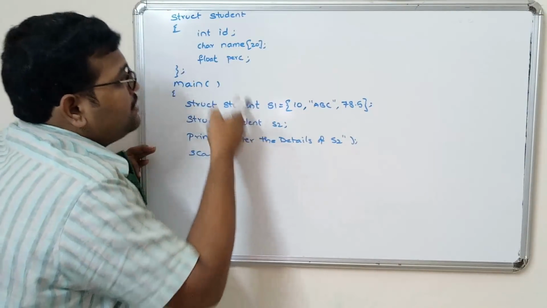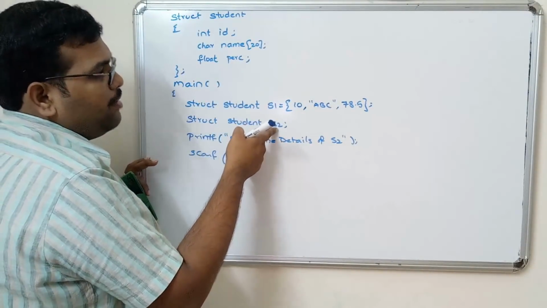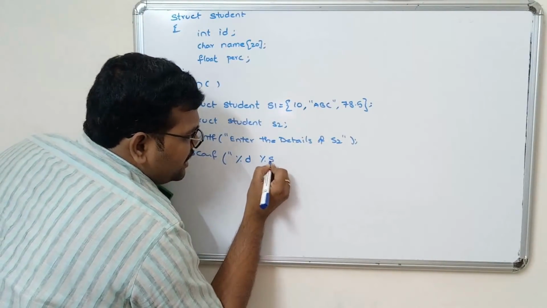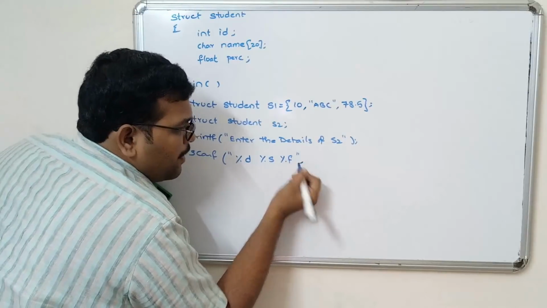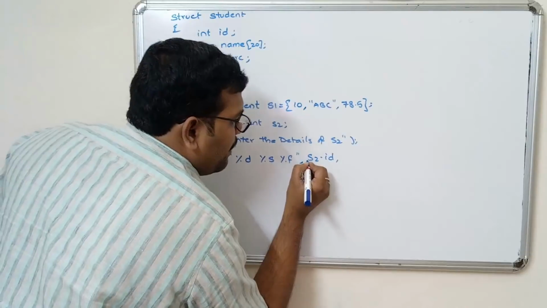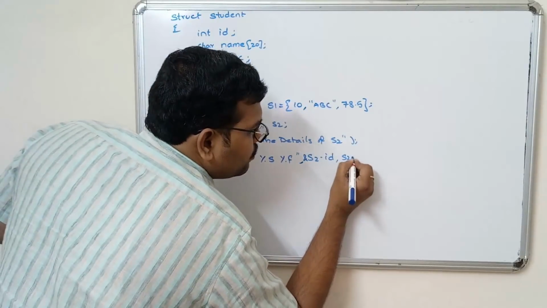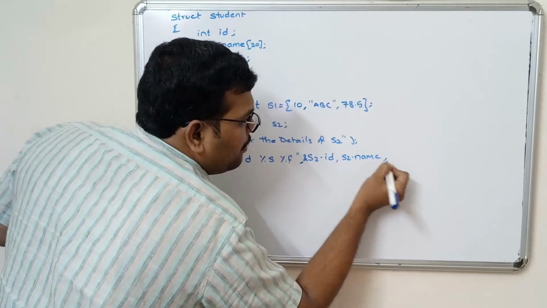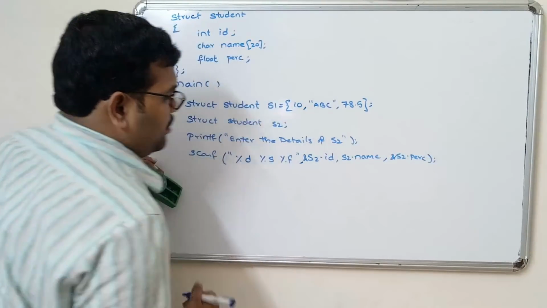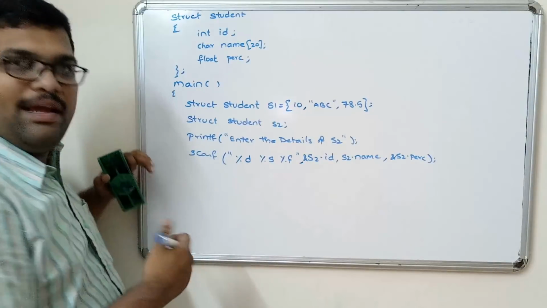In order to access the members, we need the structure variable and a dot operator. So %d, %s, %f, comma s2 dot id, comma ampersand s2 dot id, s2 dot name, comma ampersand s2 dot percentage.